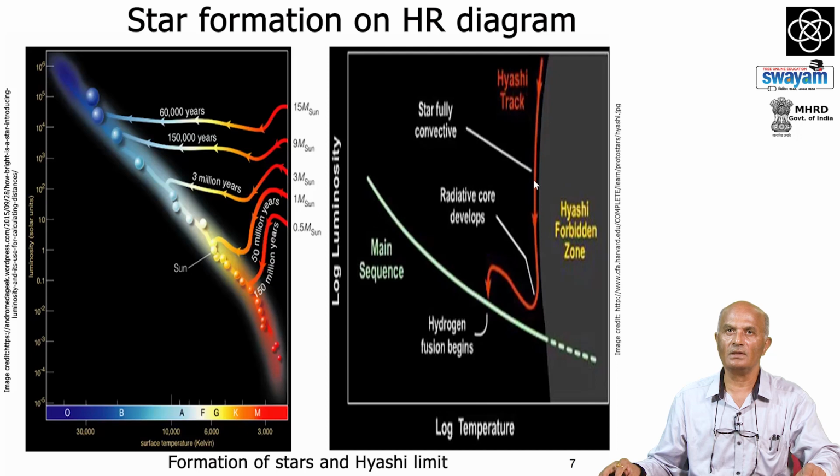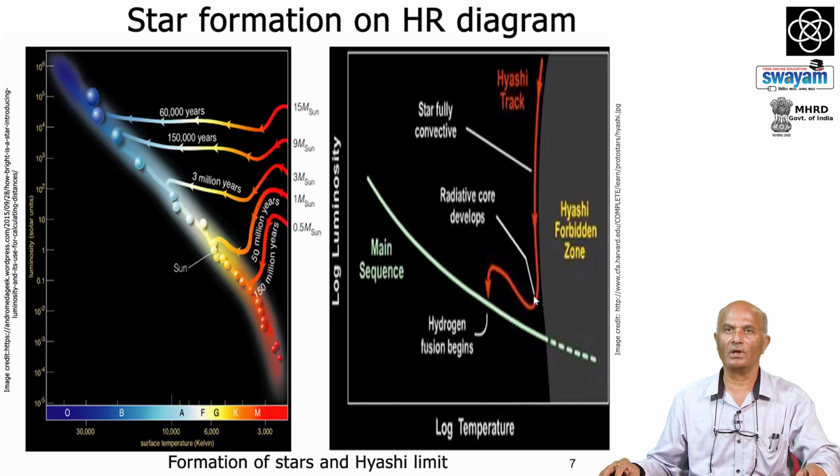And in this Hayashi track, because of the relatively lower density in the outer star, it is fully convective. So, the energy transport is convective, and as soon as it reaches this point, during this phase it develops a radiative core.